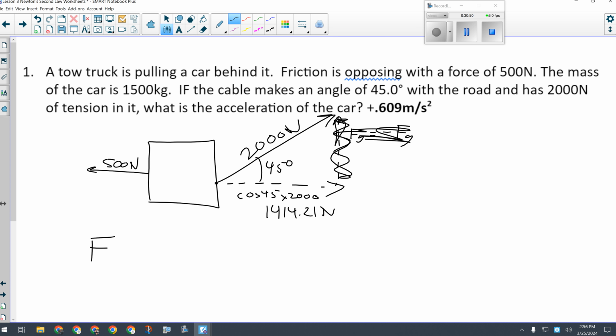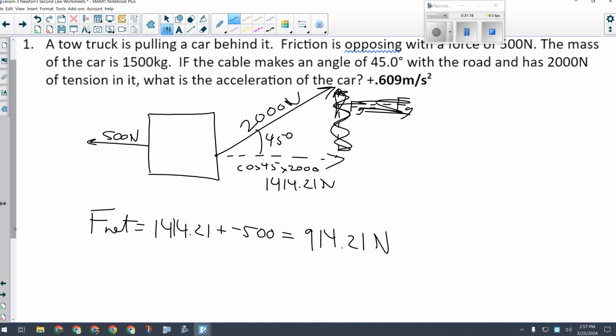Now, the only two forces to vector sum are the 1414.21, which I'll make positive because it's forwards, plus negative 500 newtons because it's backwards. So that's going to be 914.21 newtons, I believe, if my mental math is right. Okay, forwards.